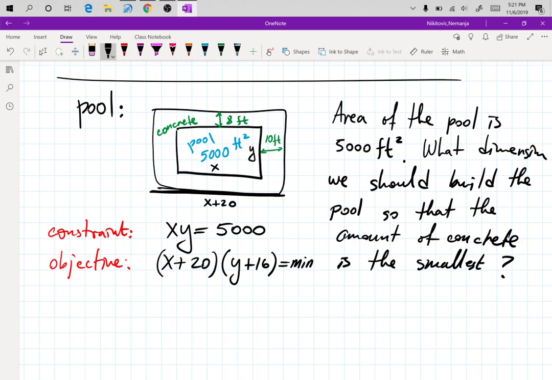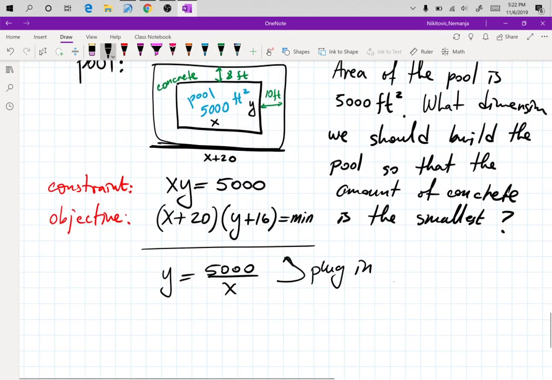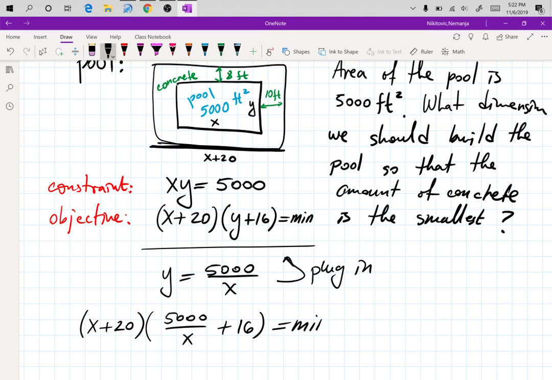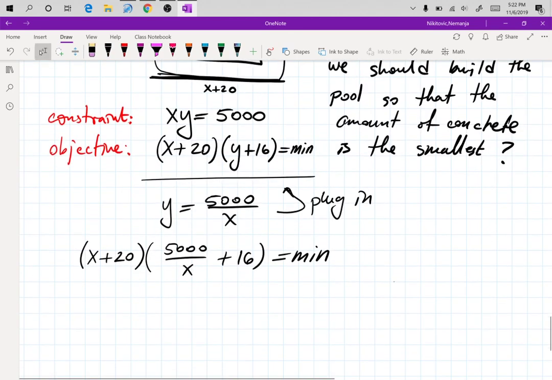So now we solve for either X or Y. We can solve for Y, 5,000 over X, plug in, and just grind through the calculation. So (X plus 20) times (5,000 over X plus 16) equals a minimum. Now we are going to multiply algebraically, FOIL this, because we don't want to do the product rule if we don't have to.